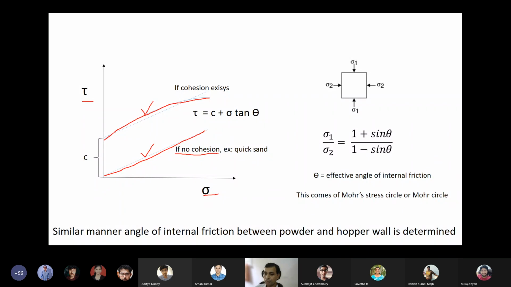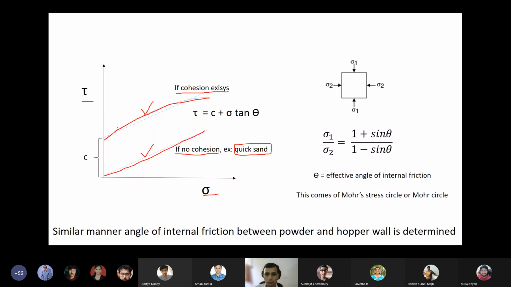Okay. Examples of non-cohesive material are quicksand and grains without any moisture, like corn cobs. But most powders, crushed powders, have cohesion. There are some adhesion forces.